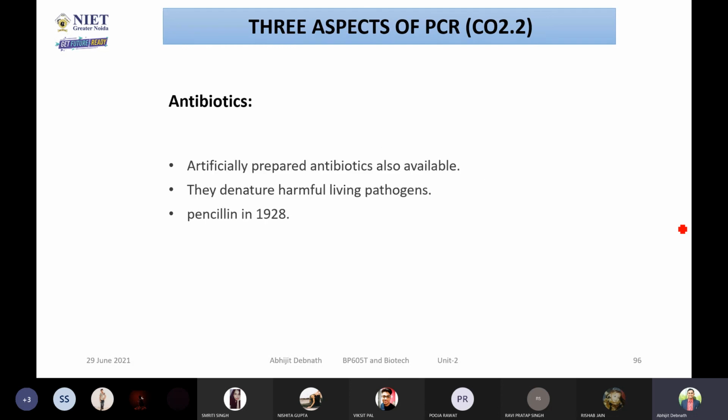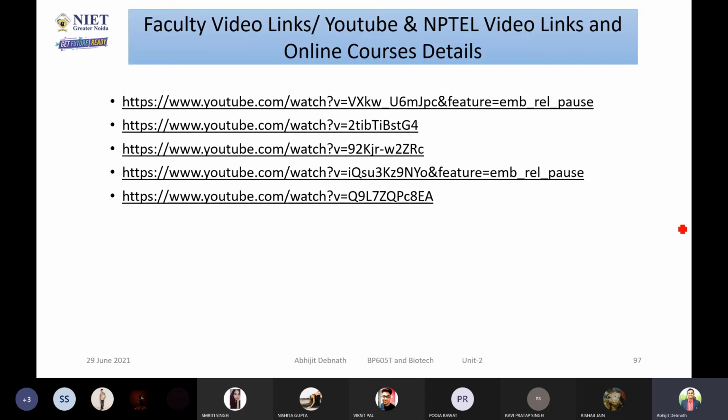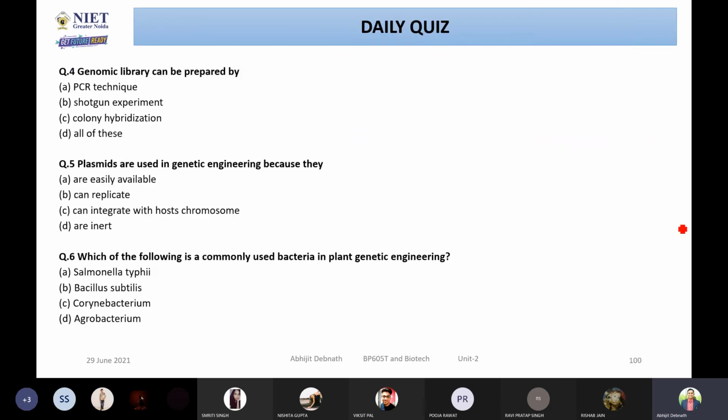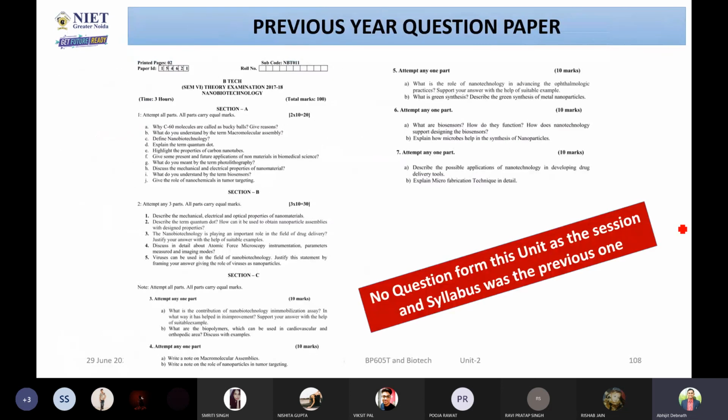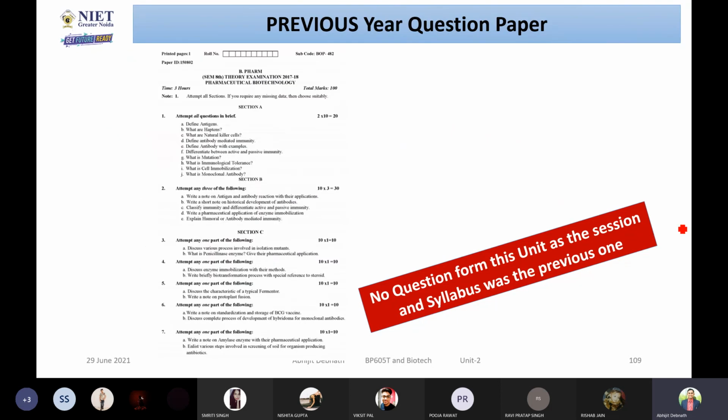So these are the things that come under PCR. That's it from my side for today, and with this we are ending Unit 3. I will share these MCQs with you so that you can answer very nicely. From this unit, not many questions were asked in previous years. This subject was new, and earlier the syllabus was not completely similar.